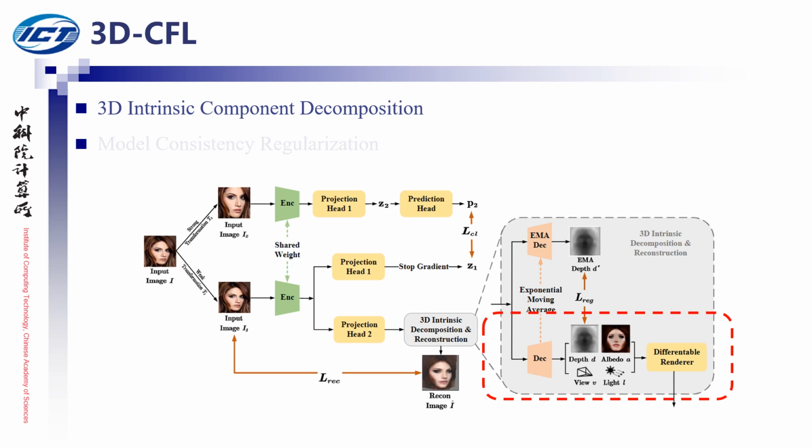After that, the intrinsic components can be reconstructed to the input image with a differentiable renderer. With the introduction of the intrinsic imaging model, the proposed method can obtain a better perception of the physical priors, resulting in better performance in various downstream face analysis tasks.